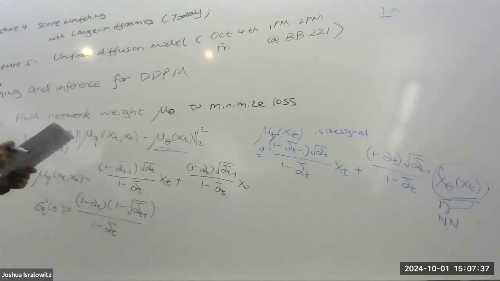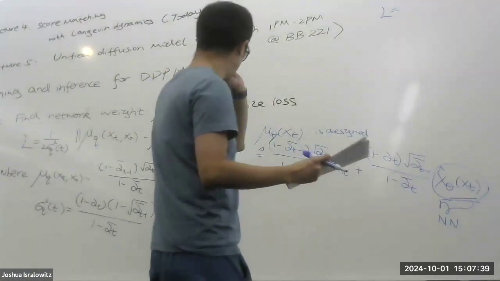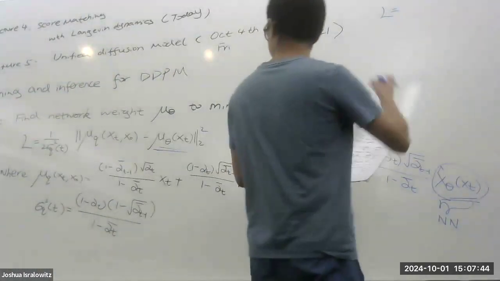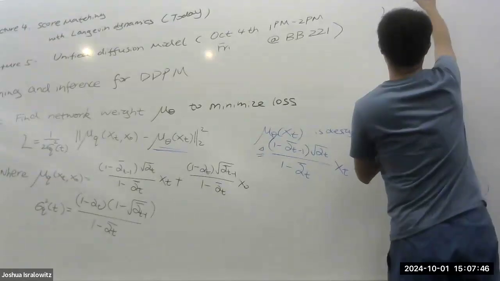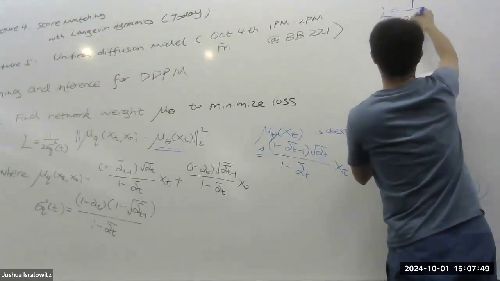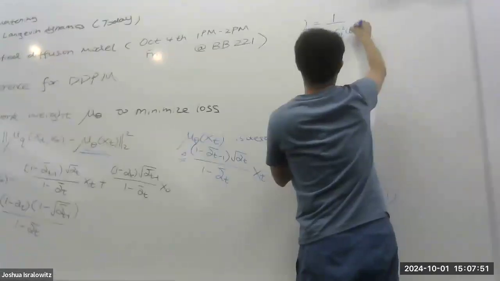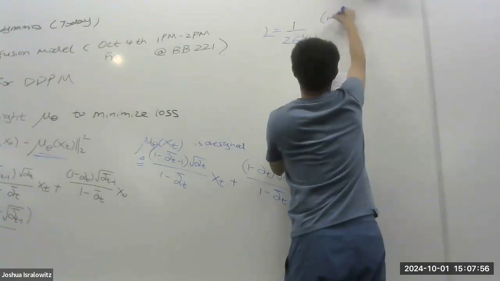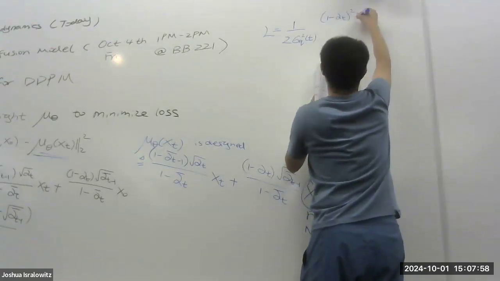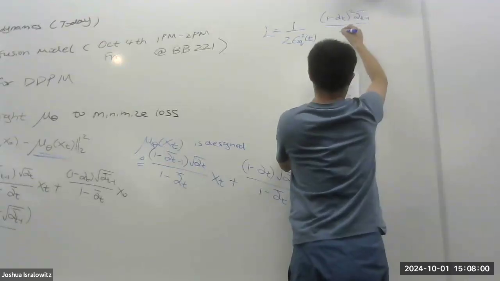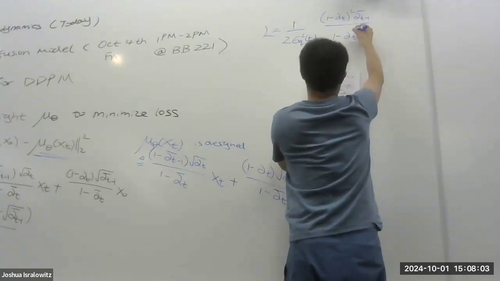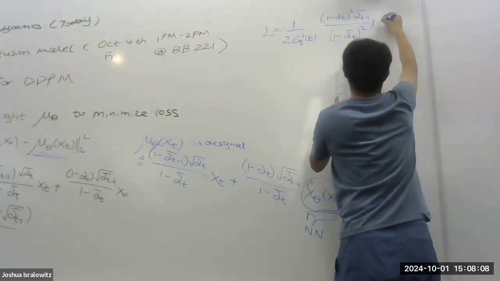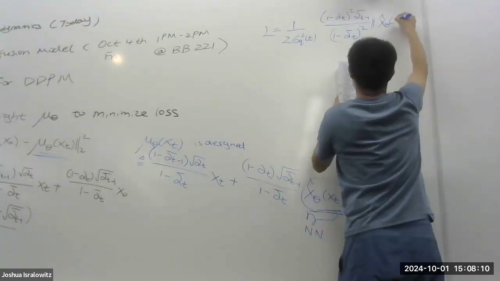All right, so if we design our mu theta this way, then this loss function can be further simplified to something like that, minus alpha t squared, 1 minus alpha t bar squared, then which is this denoiser.